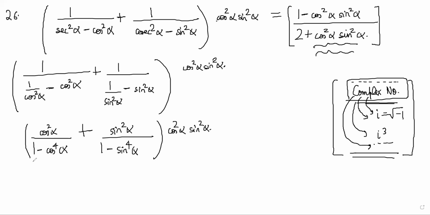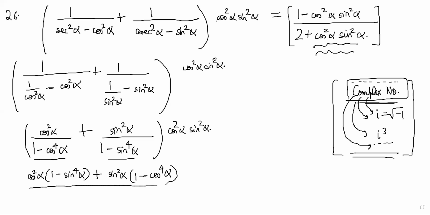Now if you try to do addition here, you will have to deal with these factors, right? This factor and this factor. So I will do an addition here. Let's say cos square alpha into 1 minus sine power 4 alpha plus sine square alpha into 1 minus cos power 4 alpha.